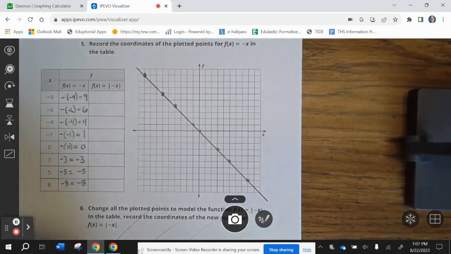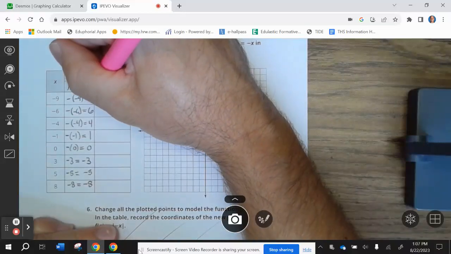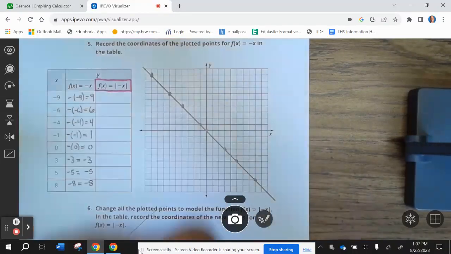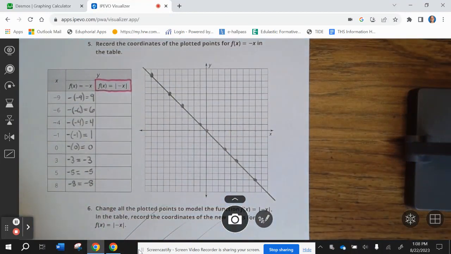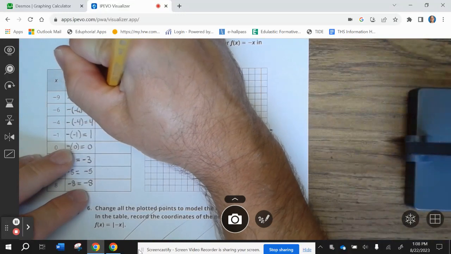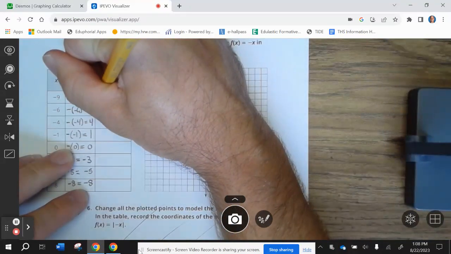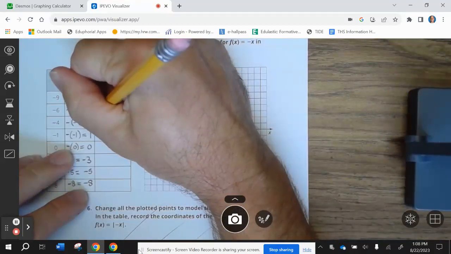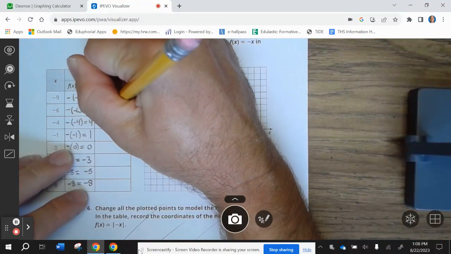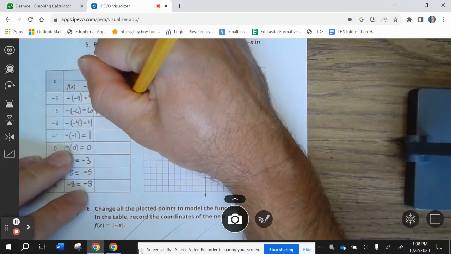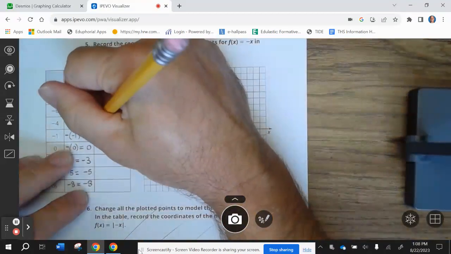Right, and then let's do this graph in pink. So this becomes the absolute value of negative times a negative 9, which becomes positive, which is 9. This becomes the absolute value of negative times a negative 6, which a negative times a negative is a positive, so that equals 6.